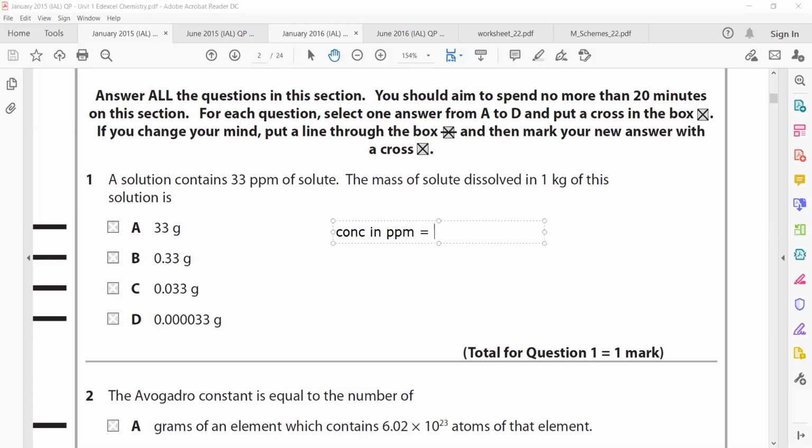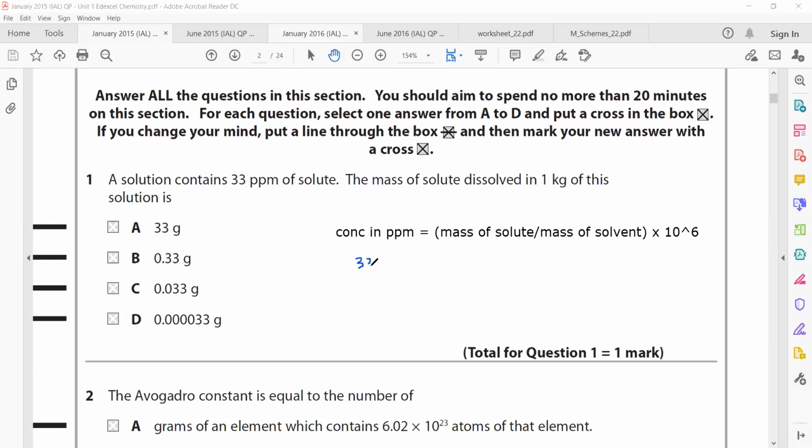Concentration in ppm is equal to mass of solute divided by mass of solvent, multiplied by 1 million. This 10 exponent 6 is not multiplied with the denominator, it is multiplied with the numerator. So concentration in ppm is 33.